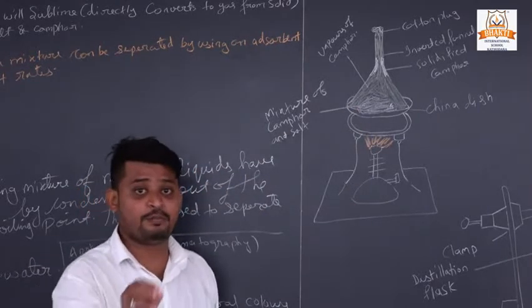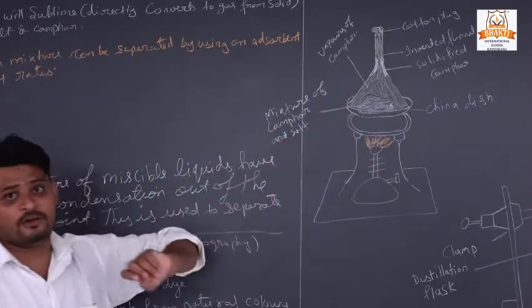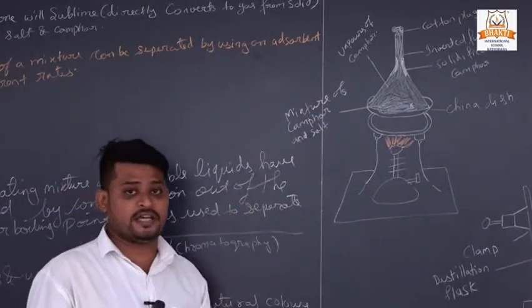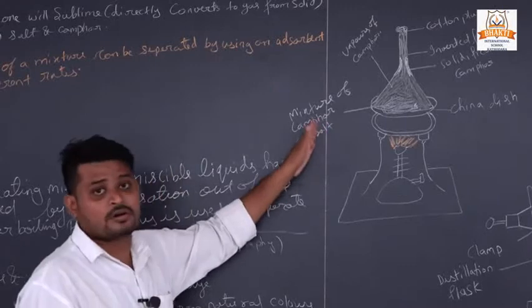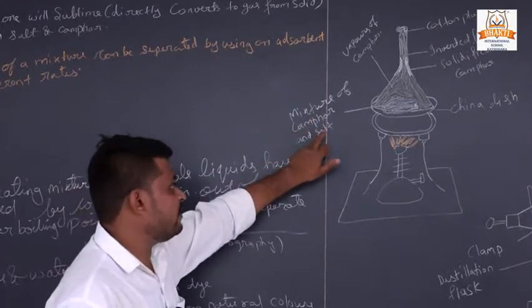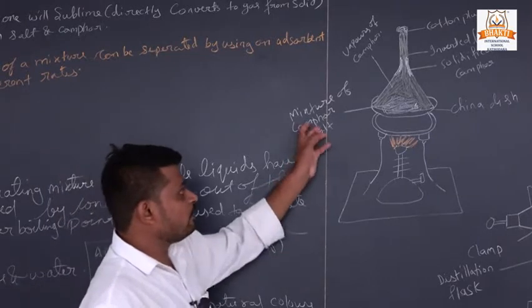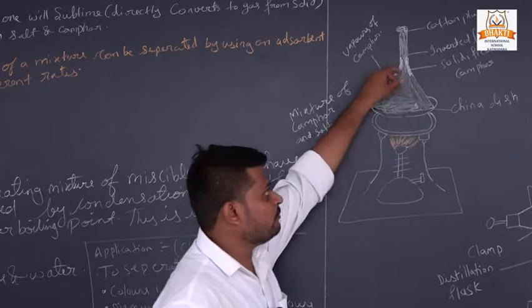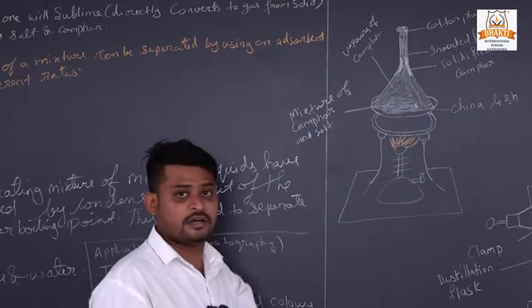We put the mixture of camphor and salt on the china dish, because this is the ingredient that helps explain the method of sublimation. We have to separate this mixture of camphor and salt. Then we burn the burner.